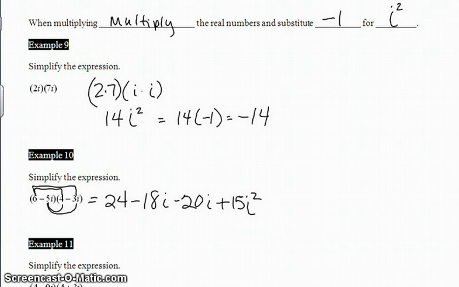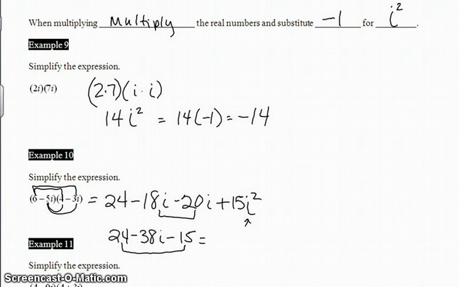Now I need to combine my like terms and substitute negative 1 in for this i squared. So this becomes 24 minus 38i, and then 15 times negative 1 is minus 15, and my last step then is to combine my constants.